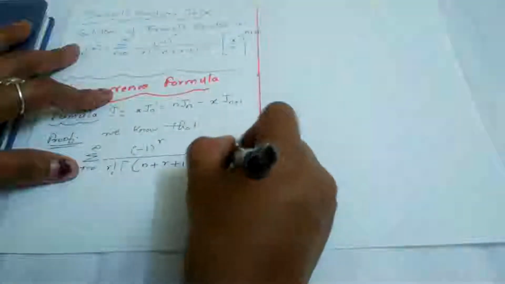Okay, so we have to prove this formula. As we know, the Bessel's function J_n(x) is equal to the summation of r equals 0 to infinity of (-1)^r divided by r factorial times Γ(n + r + 1), times (x/2)^{n+2r}.